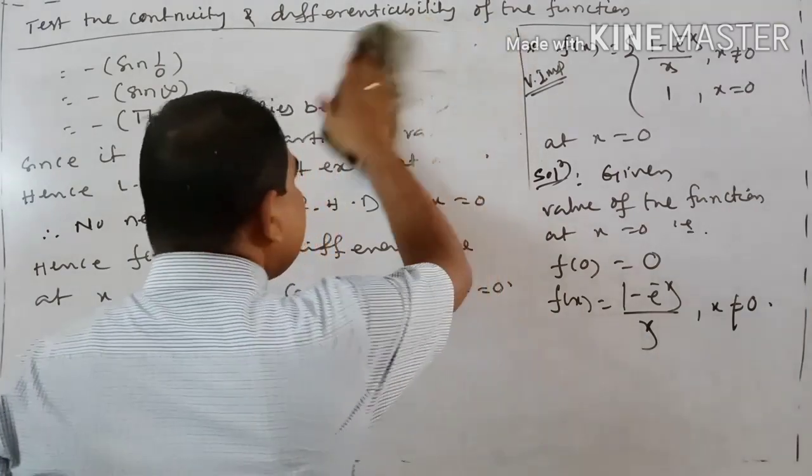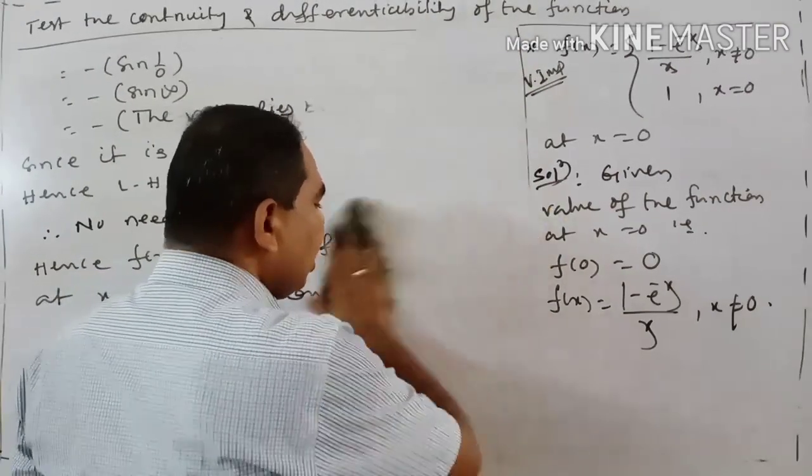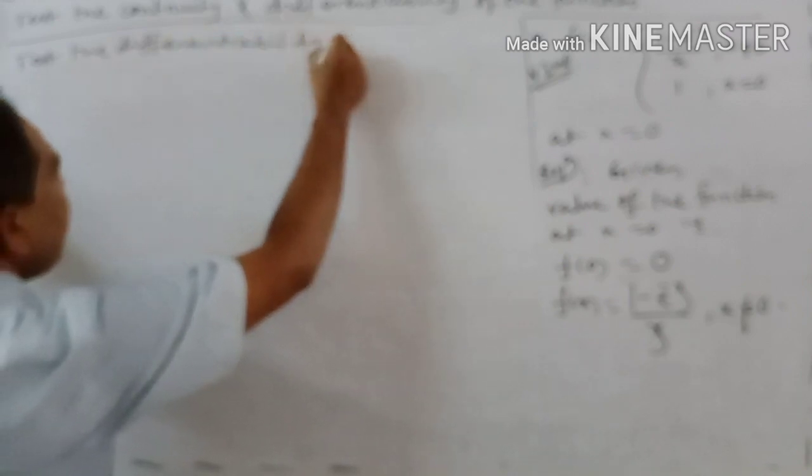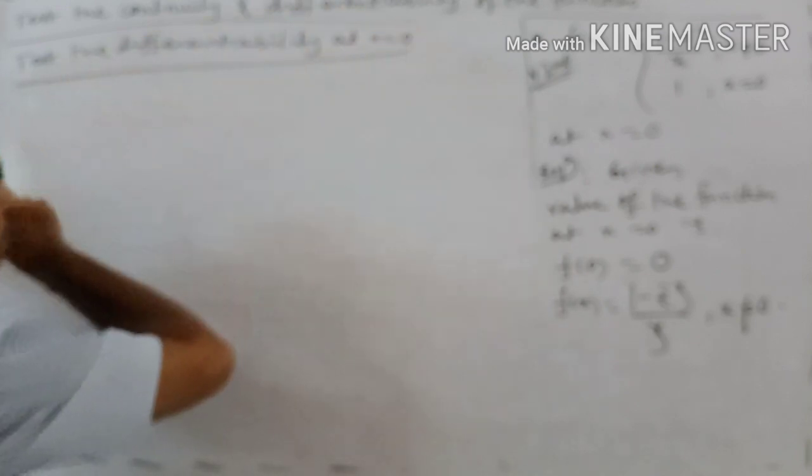First test the differentiability of the function f of x at x is equal to 0. f of 0 is equal to 0, given.